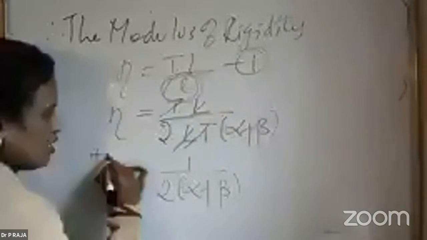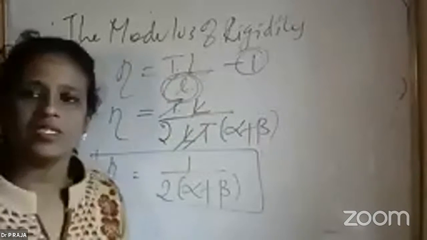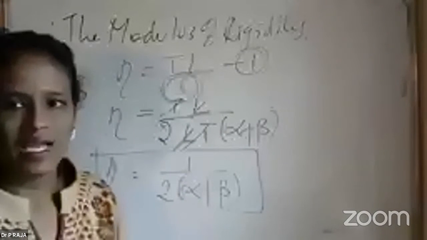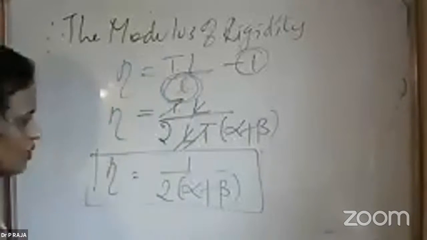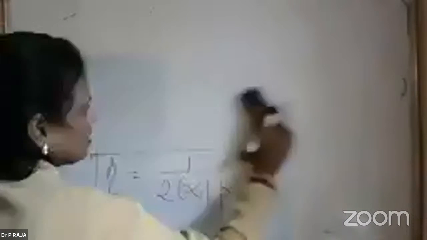Now, as we did in the previous case, divide the numerator and the denominator by alpha on both the sides. Hope this is clear to you.